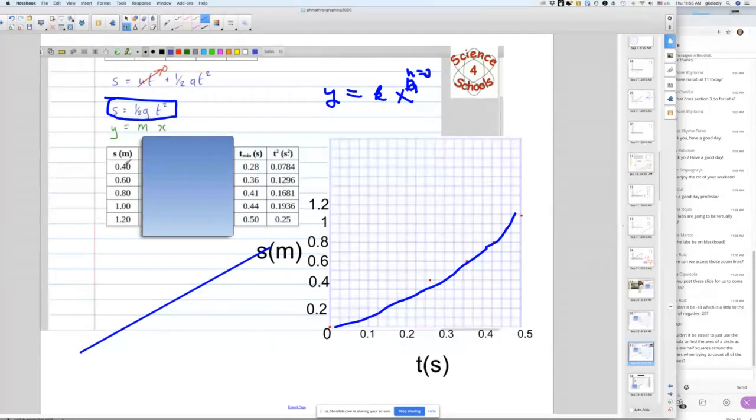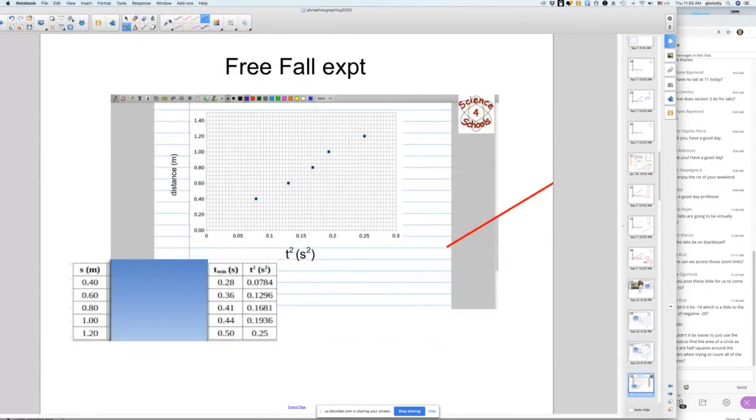And therefore, if you make a graph of this versus these numbers squared, which I have over here, you square this, you get that, square this, you get that. Now we're going to make a graph of this versus time squared. Not time like we have here, but time squared. And here it is. Here's that graph. It is absolutely a straight line. So our mission is to find the slope of this line.